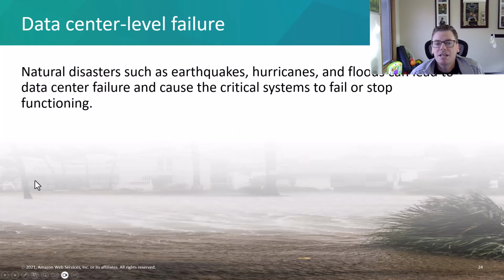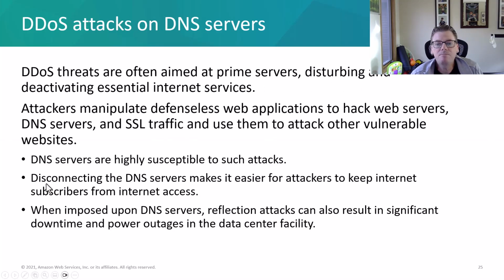All right, natural disasters. Always going to be something that's in the mix. All right, DDoS attacks on DNS servers. DNS servers are super susceptible to some of these things because without DNS, obviously the entire internet breaks down, because nobody walks around with the knowledge of every IP address for every web server that they're going to visit every day.